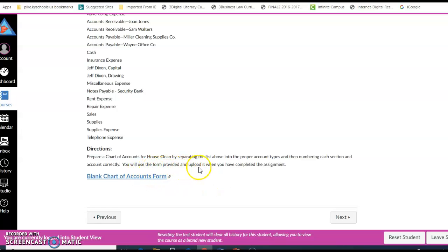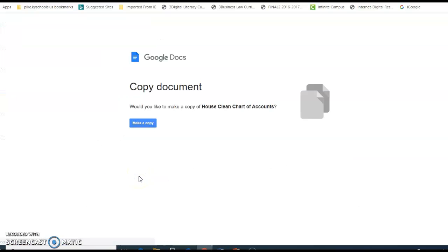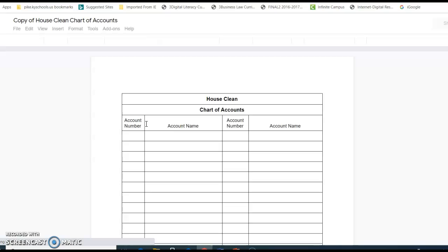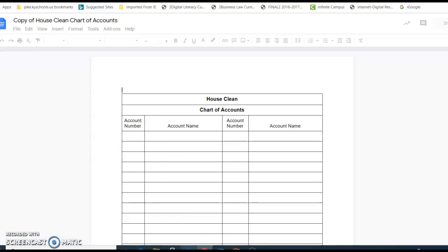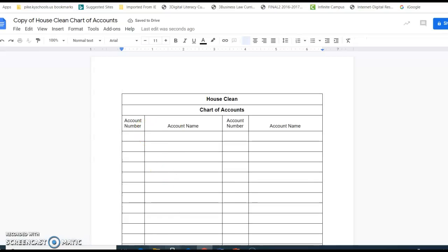You will use the form provided and upload it when you have completed the assignment. So here's the form you're going to use. And you're going to make a copy. And then here is the form for House Clean Chart of Accounts.